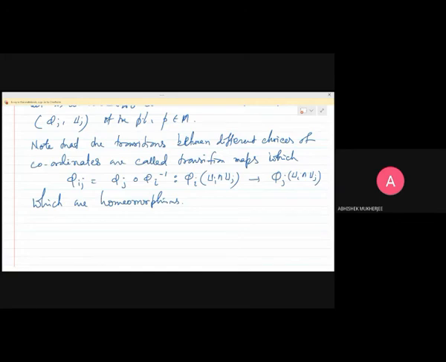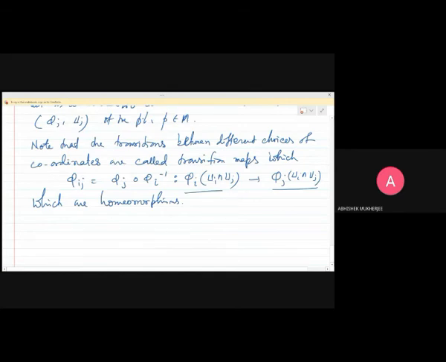And these transition maps will give you an indication to define more structure on the topological manifold M. It will give you more structure whenever we impose some conditions on phi_ij, because these two sets are in R^m.